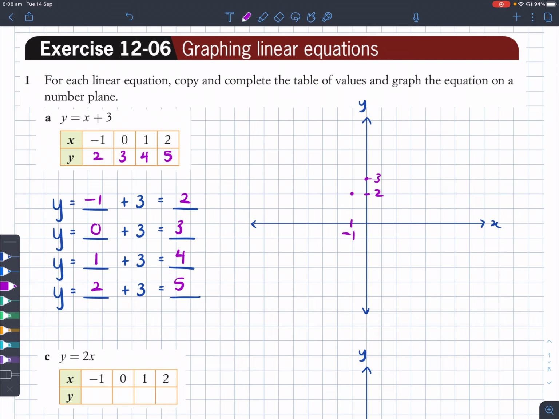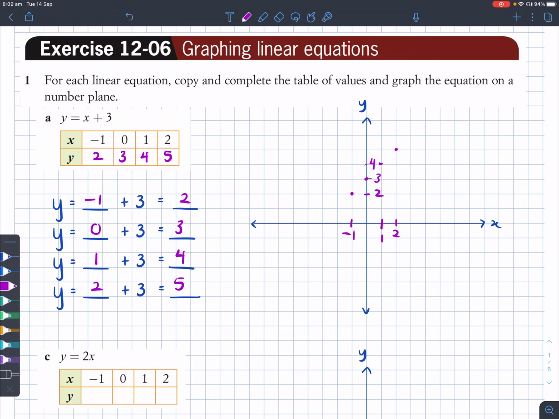And then what we're going to do is go right by 1, up by 4. So right by 1, okay, on the x-axis, and up by 4, okay, in the vertical direction of y. So we'll have this going on. There we go. And then 2, 5 means 2 right, okay, and then up by 5 there.